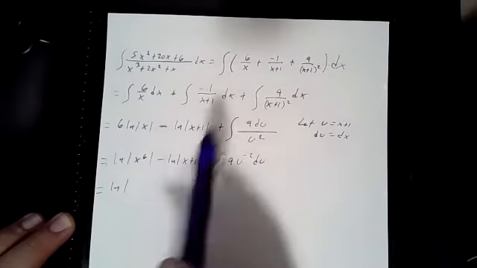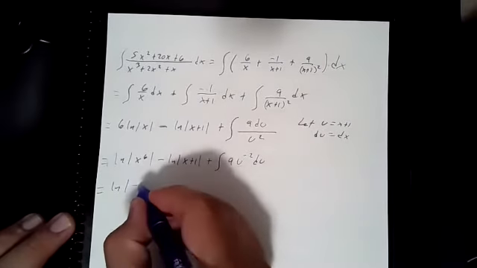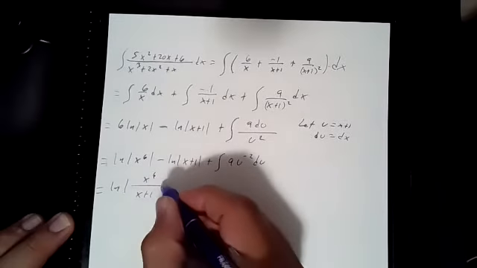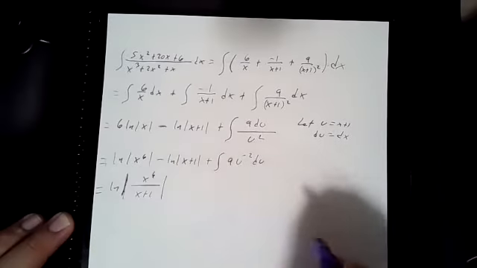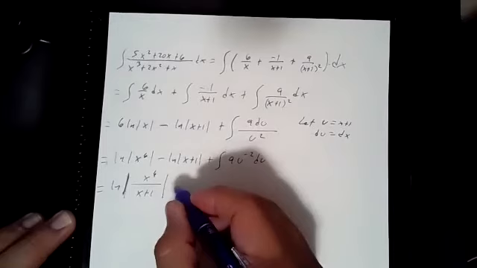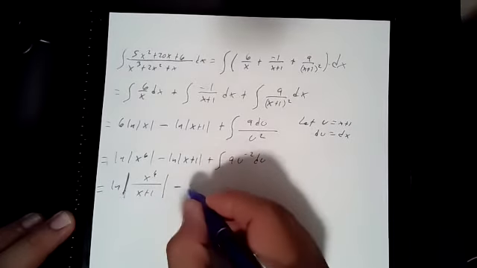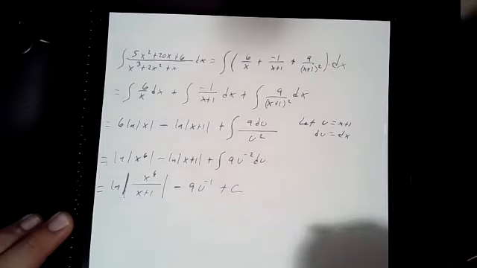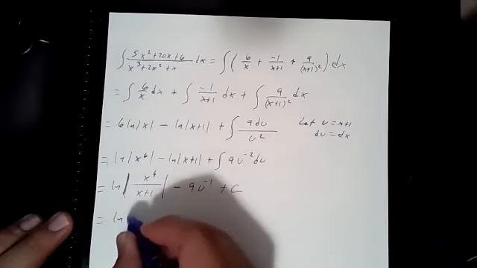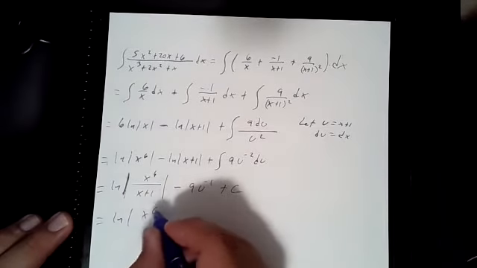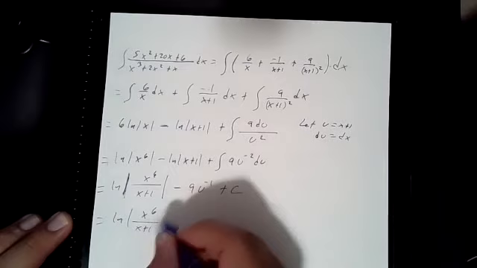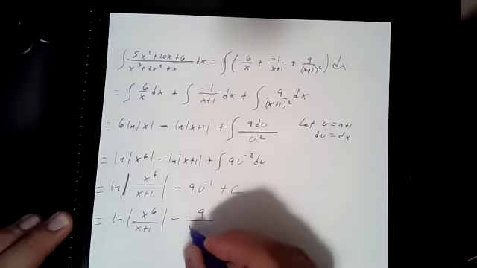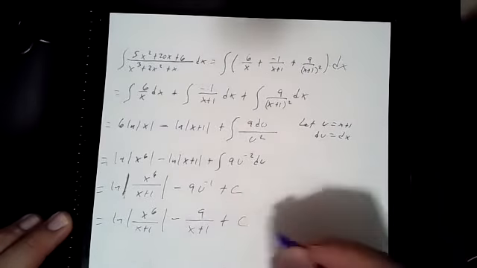Since this is a minus, you can divide, right? Properties of logs. This will be minus 9u to the negative 1 plus c, which is ln of x to the 6 over x plus 1 minus 9 over x plus 1 plus c.